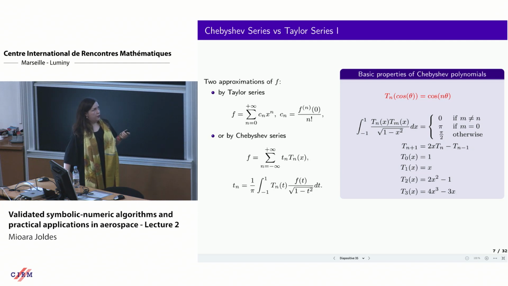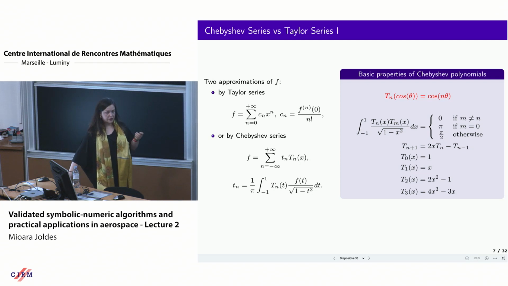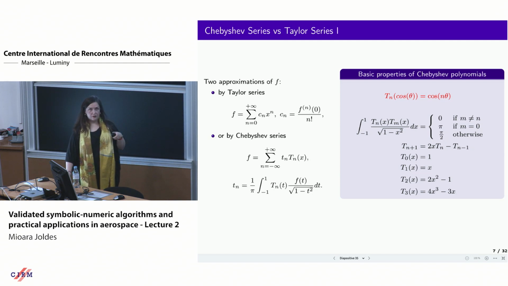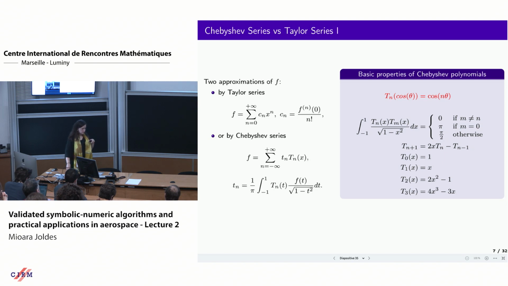And they are just polynomials that have the interesting property of having exactly n roots between -1 and 1, and also they equioscillate between -1 and 1.